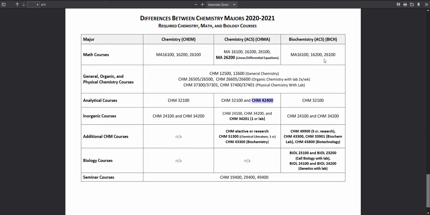Now, biochemistry is very, very similar, you can see here, to the regular chemistry major, except you've got pretty much your junior year full of biochemistry, biochemistry lab, and biotechnology, and also junior year you take an entire year of biology, cell, and genetics.